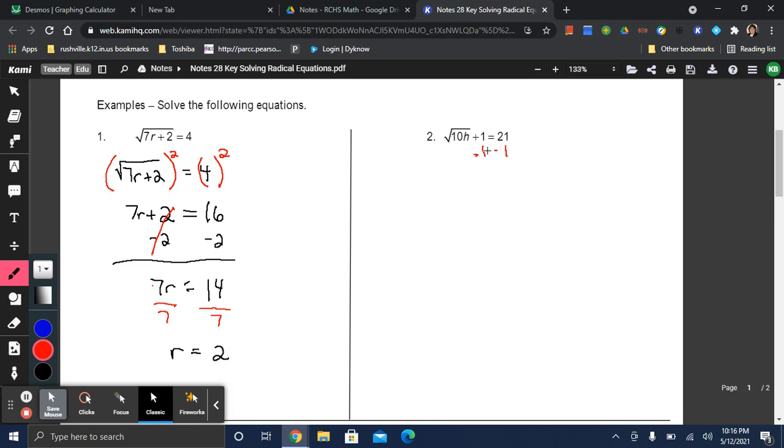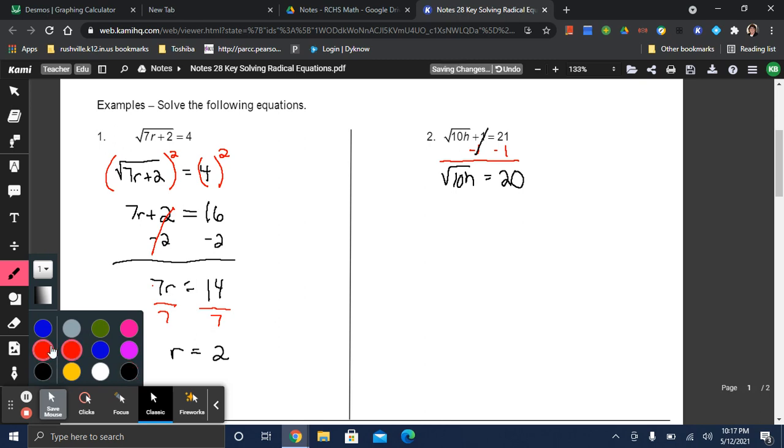I'm going to need to subtract 1 from both sides. So this will give me the square root of 10h. The ones are now gone, equals, and then 21 minus 1, which is 20.